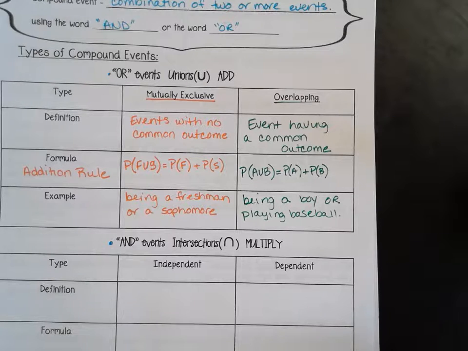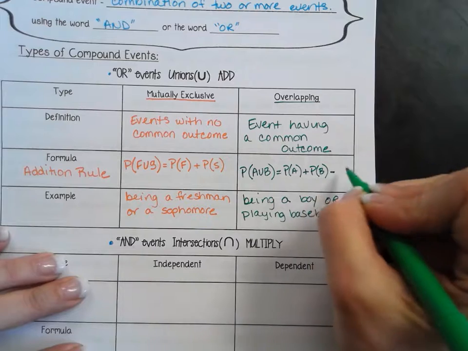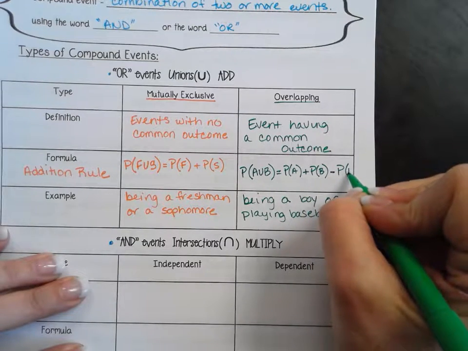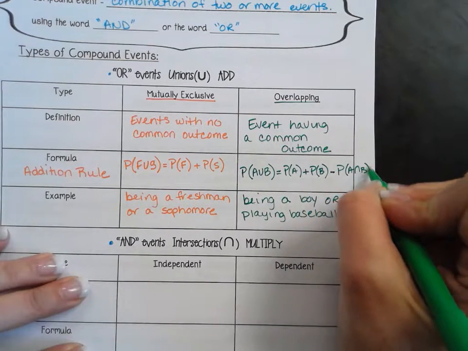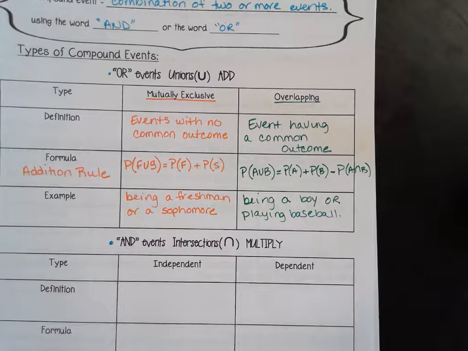But I just counted Nick twice, right? Because he was in the one group and then he was in the other group. So he's in there twice, so I need to take out those that are in there twice. So I take one of them out.